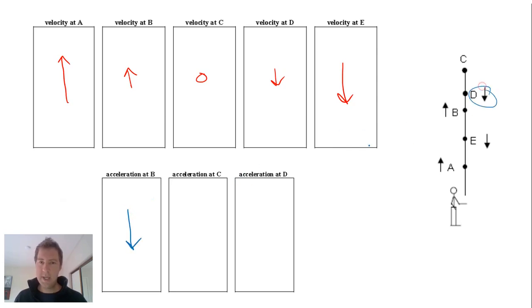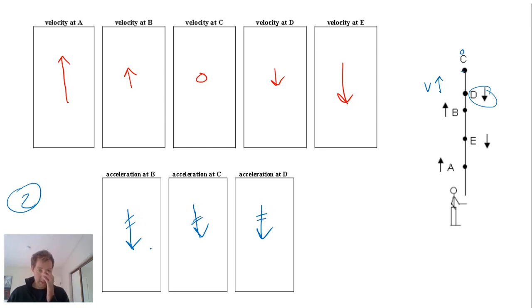When it's at point D, acceleration is going down, but this is the second answer. They said at point C, the velocity was here, and then the velocity becomes 0. So the velocity is still changing. And so they've said that at point C, the acceleration is also going down, and they said that they were actually meant to be all the same size. That's the second way.